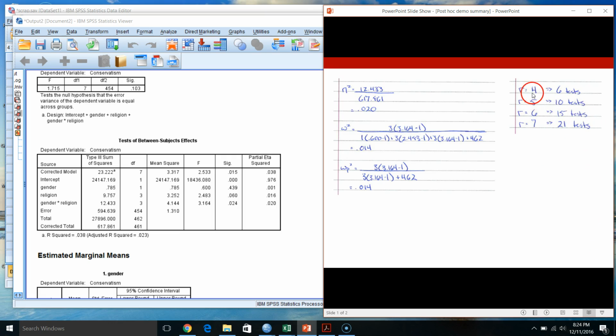If we set R equal to 4, that's going to correct for 6 tests. 4 times 3 divided by 2 is 6. So 6 tests, we have 16. That's not going to be big enough. If we set R equal to 5, that's going to correct for 10. That's still a little bit low. If we set R equal to 6, that's going to correct for 15. Again, 6 times 5 divided by 2 is 15.